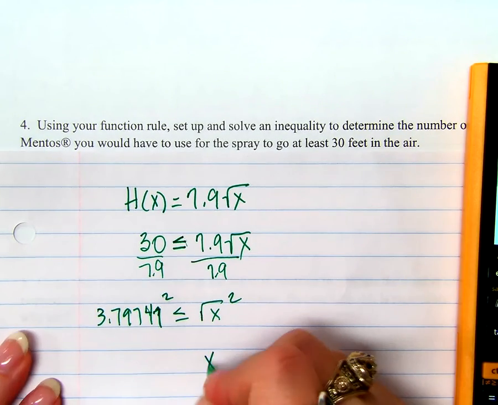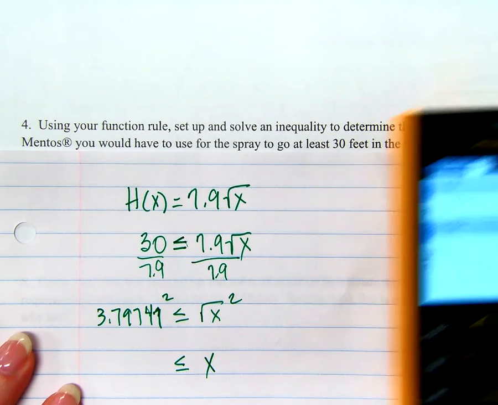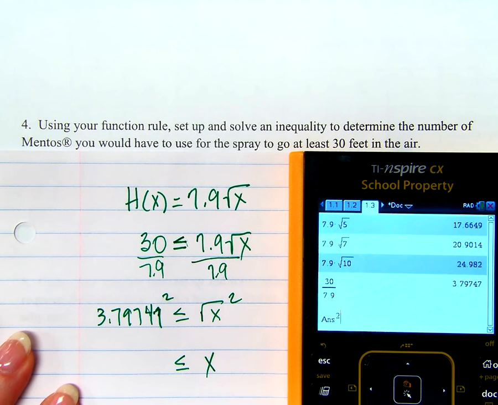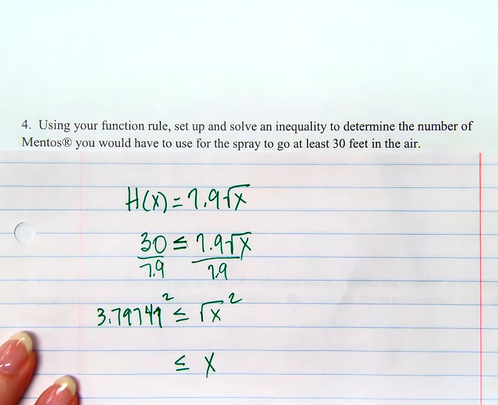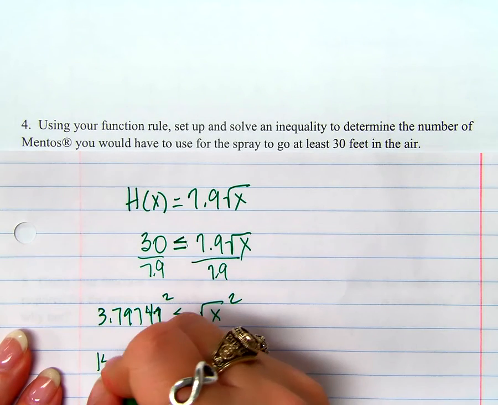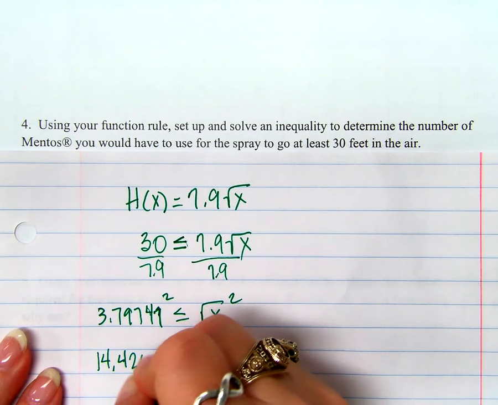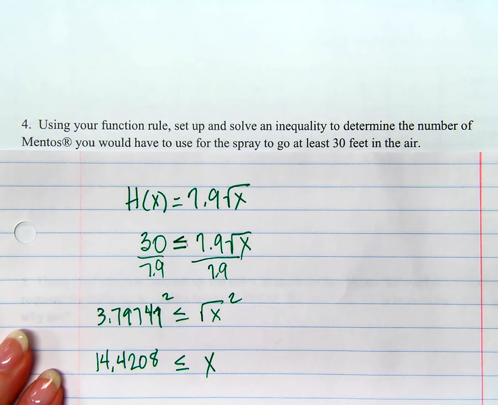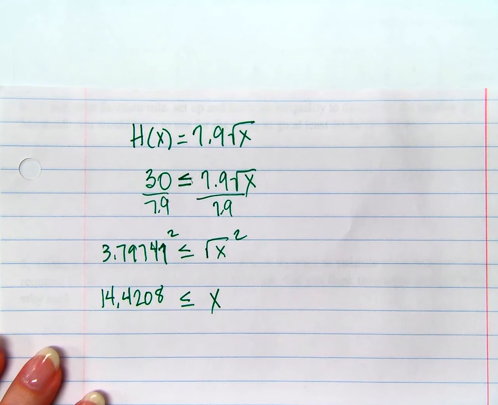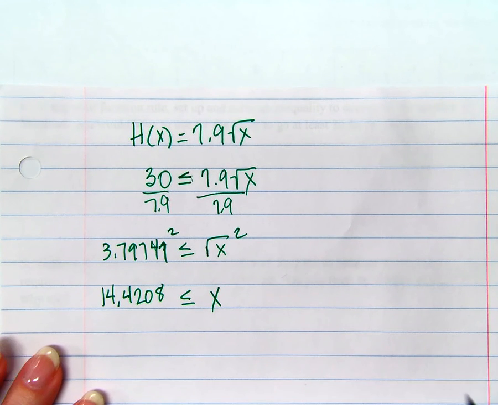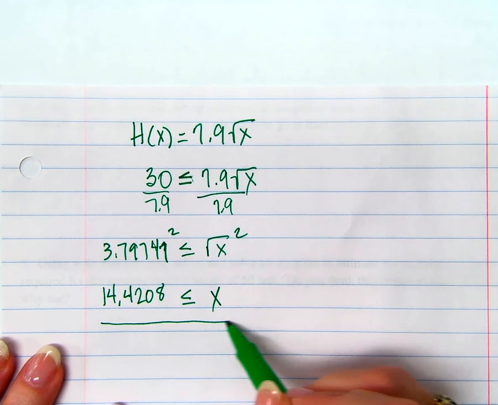So here, if I square that number, I got 14.4208. So have I solved my inequality? Yes, so mathematically this is my solution, right?